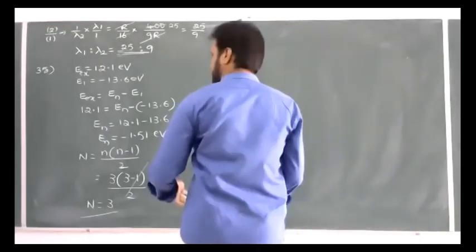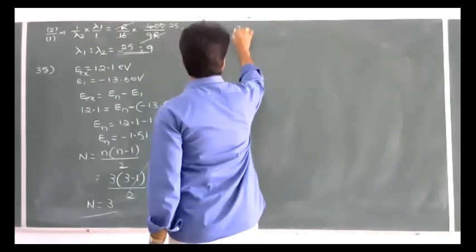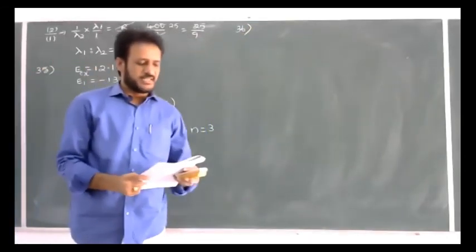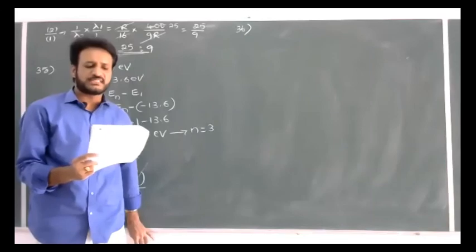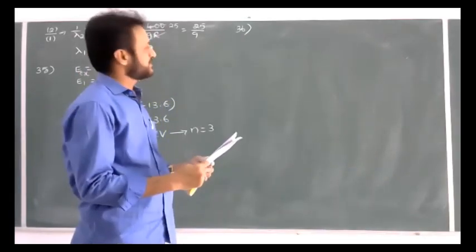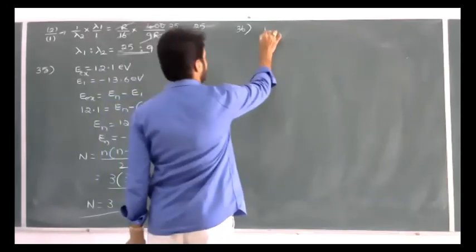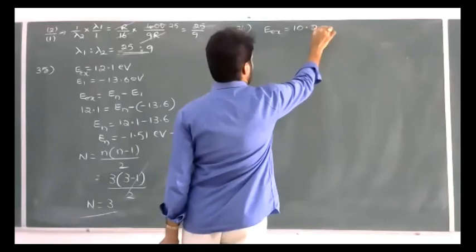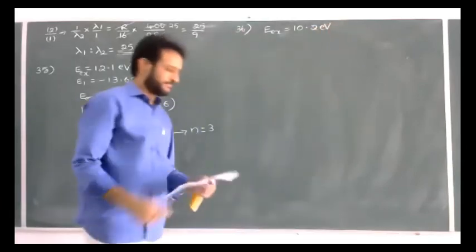Next, question number 36. A hydrogen atom in its ground state absorbs 10.2 electron volt of energy. So the amount of energy absorbed is given, which is nothing but the excitation energy, 10.2 electron volt.